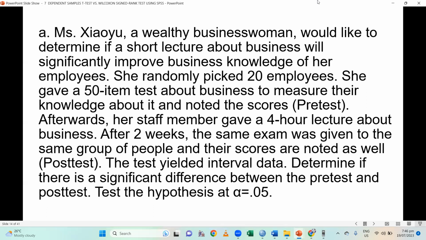Afterwards, her staff member gave a 4-hour lecture about business. After 2 weeks, the same exam was given to the same group of people and their scores were noted as well. The test yielded interval data. Determine if there is a significant difference between the pre-test and post-test. Test the hypothesis at alpha equals 0.05.